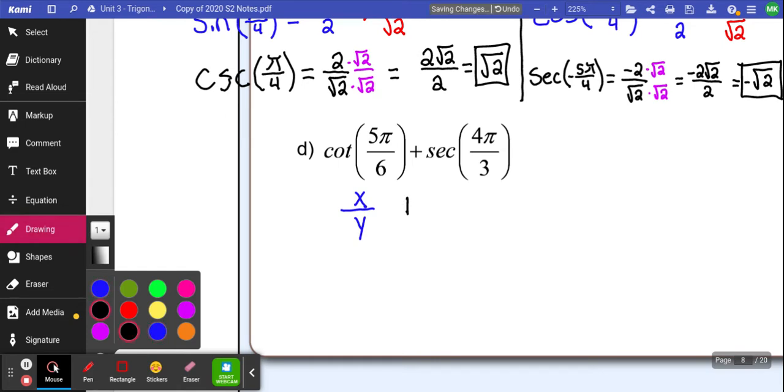Then we're going to add this one, which is the reciprocal of what? The reciprocal of cos. So you need to find the x value at that point and then reciprocate it. You could write it as 1 over cos, or 1 over the x value. That would work as well, as long as you understand you're reciprocating it.